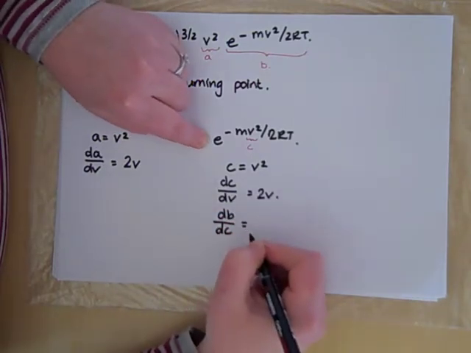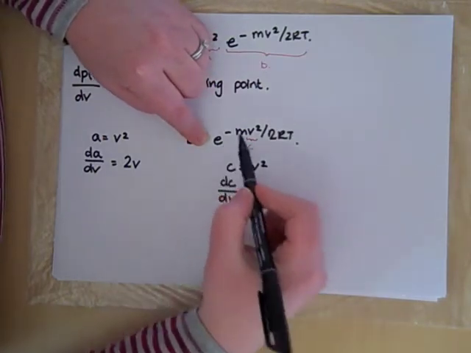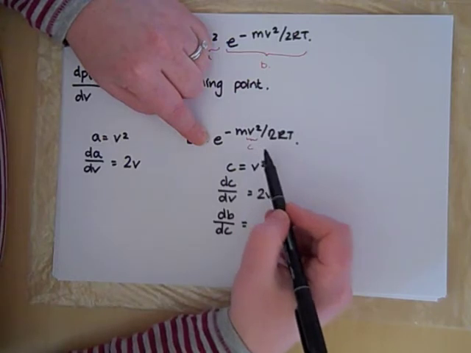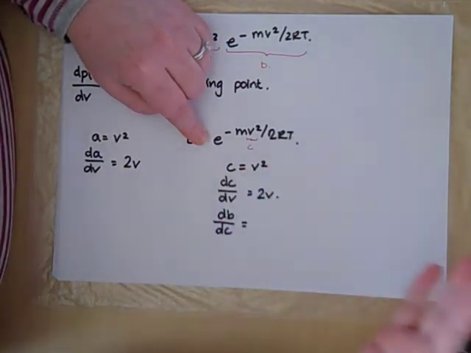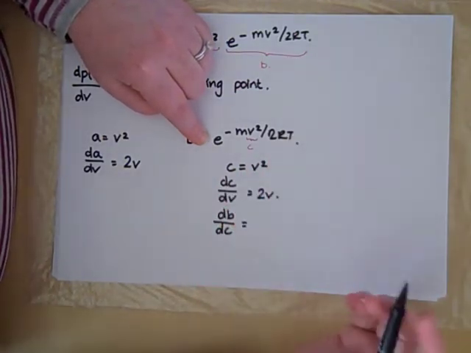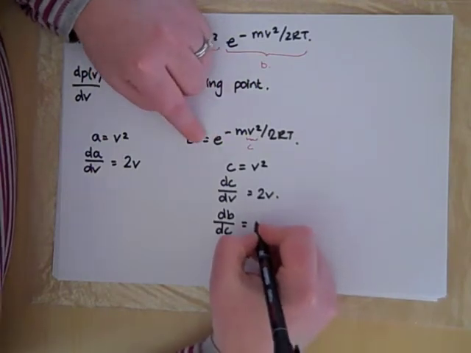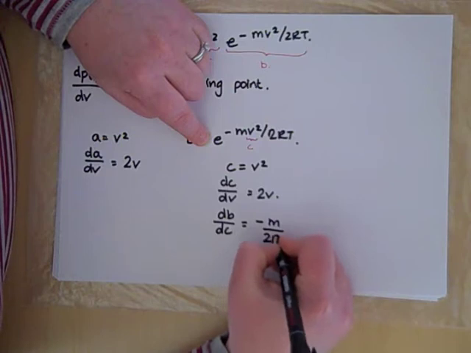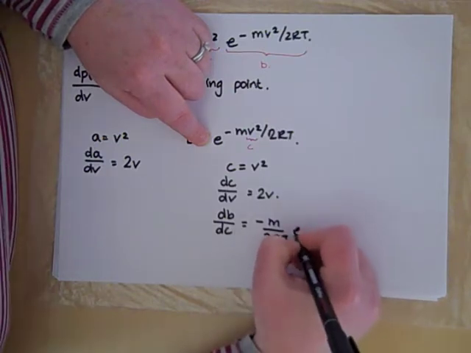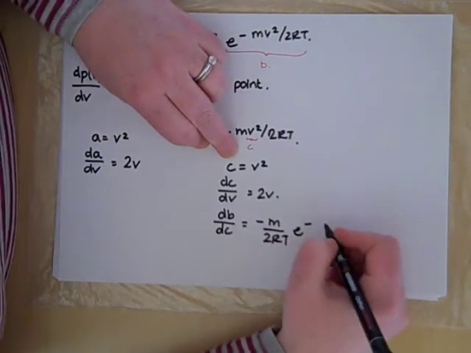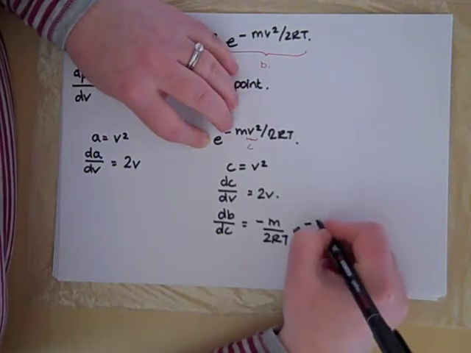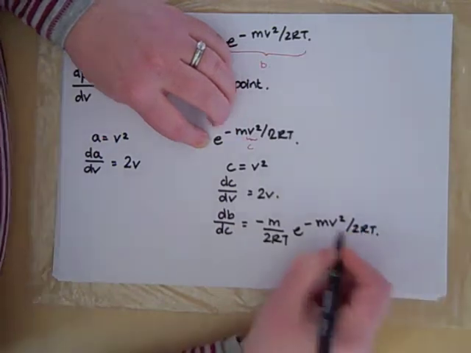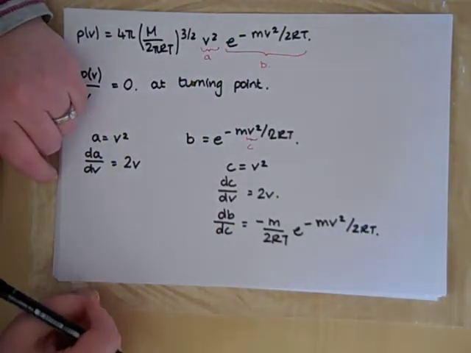If I replace this as C in here, dB by dC is equal to, so this is e to the minus mC over 2RT. This is just e to the minus ax, it's the same thing. So this becomes all of these constants, minus m over 2RT, e to the minus, and I've got this C, but I'm going to replace this straight away with my v squared over 2RT multiplied by the m there as well.